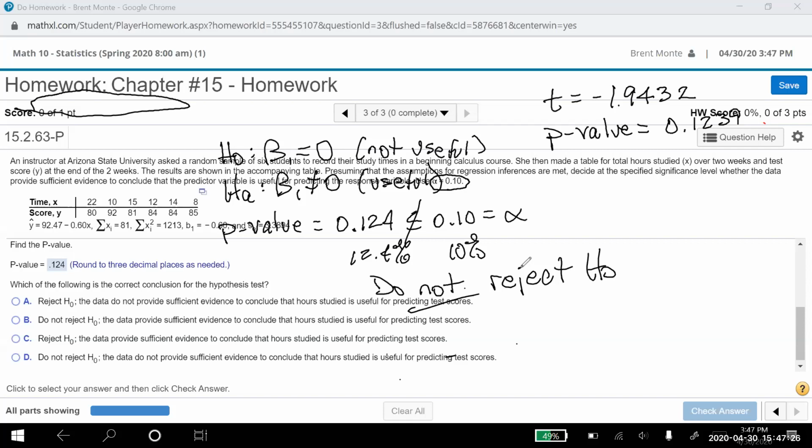And if I can't reject the null hypothesis, it might mean that beta sub 1 is equal to 0, meaning the regression equation is not useful. So do not reject the null hypothesis.